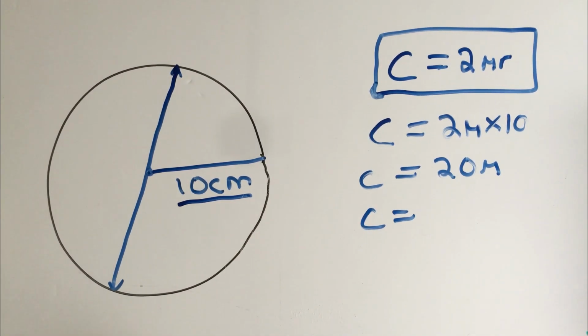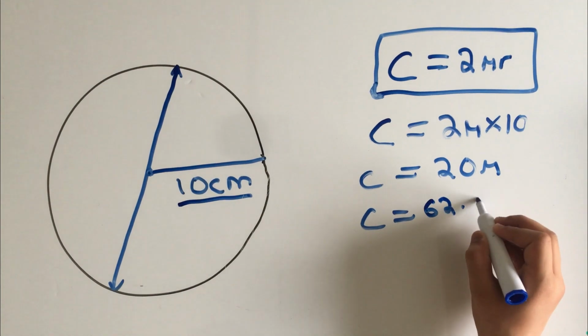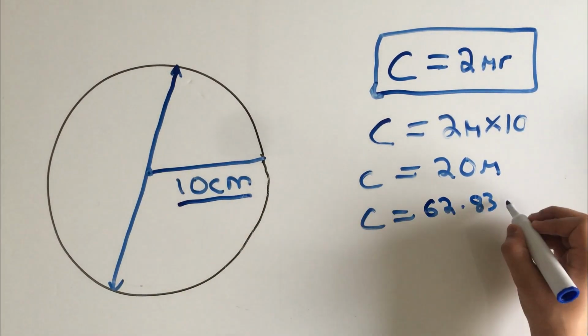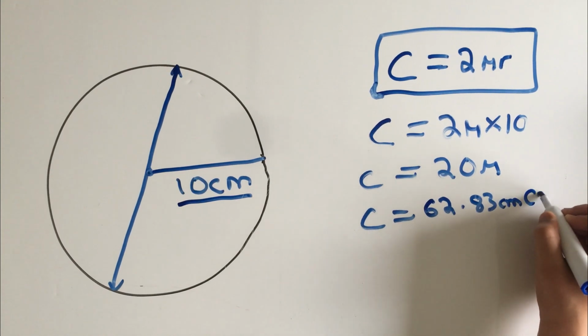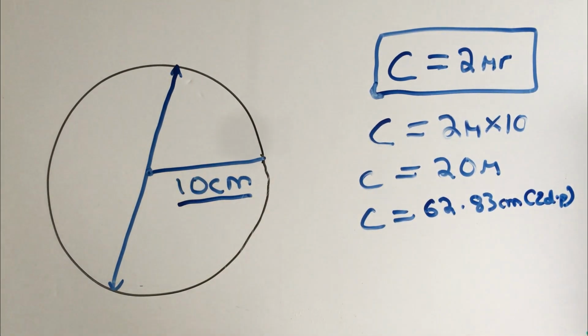So you do 20 multiplied by pi, and I got 62.83. The units are centimeters, and it is to 2 dp. That's what I did. If the question asks you to do to 3 significant figures or whatever, just do it to that many units to maximize the amount of marks that you get.